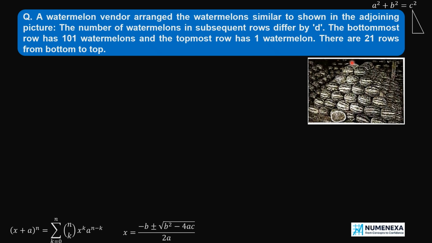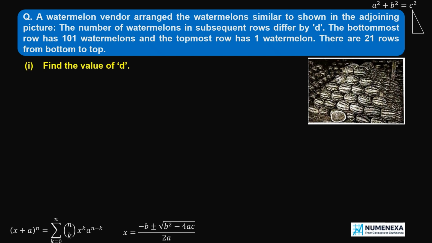So immediately as we see this word, the subsequent rows differ by D, we arrive at the conclusion that this case study represents an AP, the arithmetic progression, in which each term differs by D, which we call the common difference.